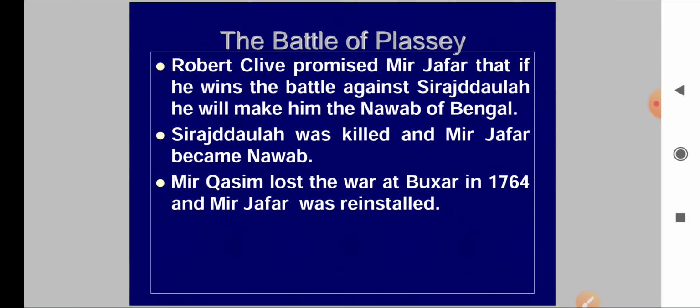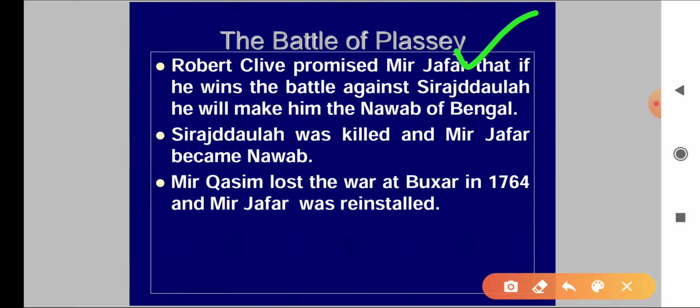It was not possible for the company members, because they were very few in number, to fight with Sirajuddaulah directly. That's why they made a conspiracy against Nawab Sirajuddaulah, and in that conspiracy, Robert Clive met his military commander Mir Jafar and lured him, promised him that if he wins the battle against Sirajuddaulah, he will make him the Nawab of Bengal.